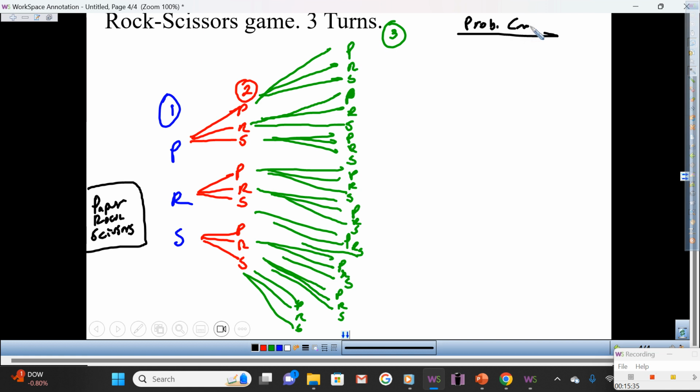probability combinations. Paper, paper, paper. Paper, paper, rock. Paper, paper, scissors. Paper, rock, paper.